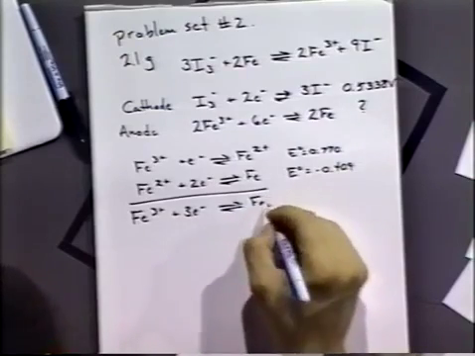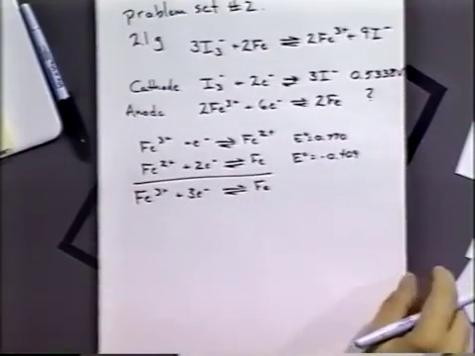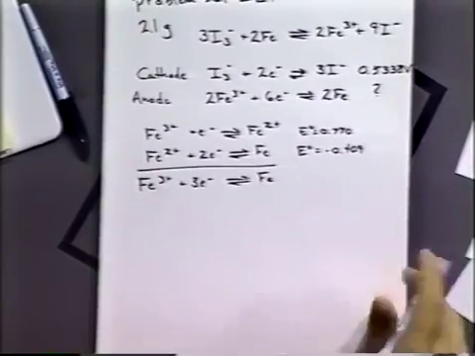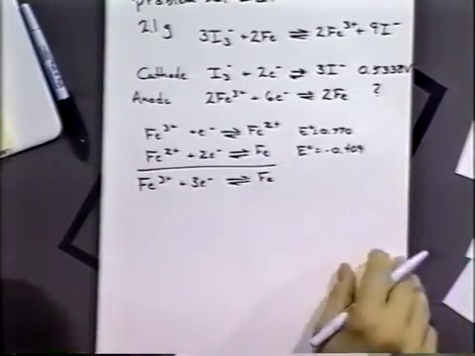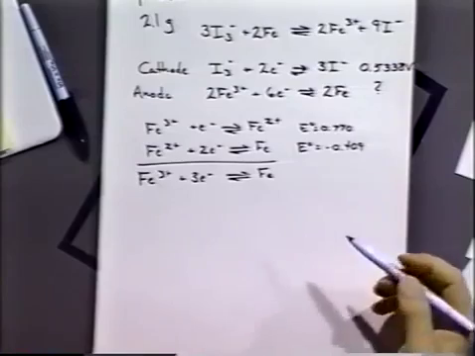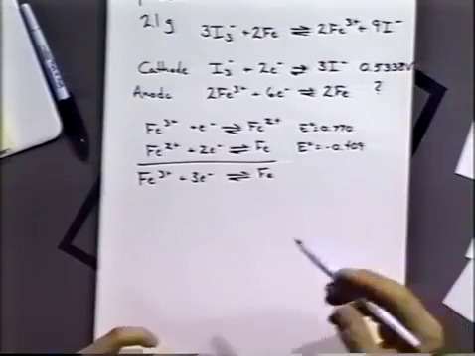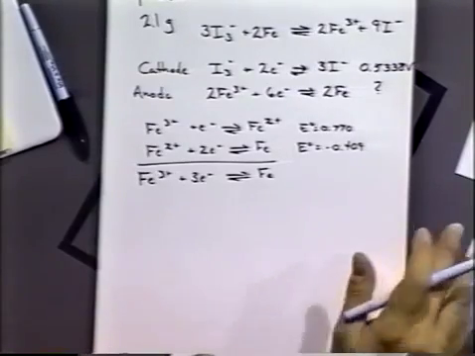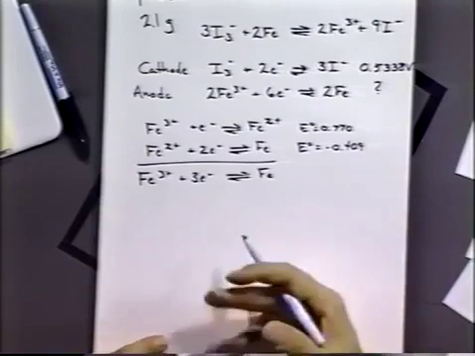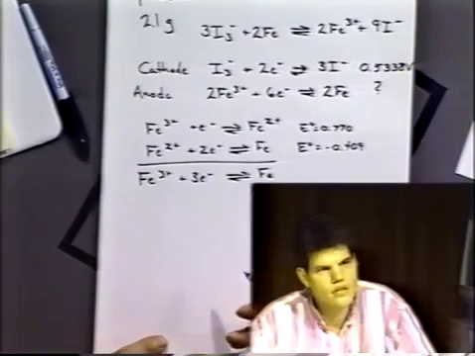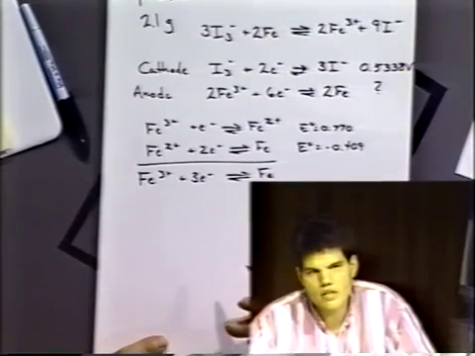Unlike the previous situation where we could just simply add up the E0s, in this case we cannot do that. And the reason for that is that, unlike a normal cell reaction where there's no electrons left over, in this reaction you see that there is still electrons involved in the process.